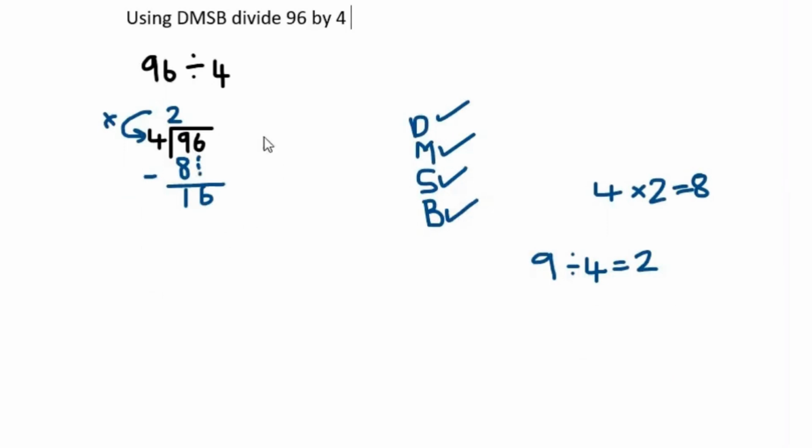Up until this step, we have to continue dividing, but now you are focusing on this number that you have brought down. Here now we're dividing 16 by 4. And what is 16 divided by 4?